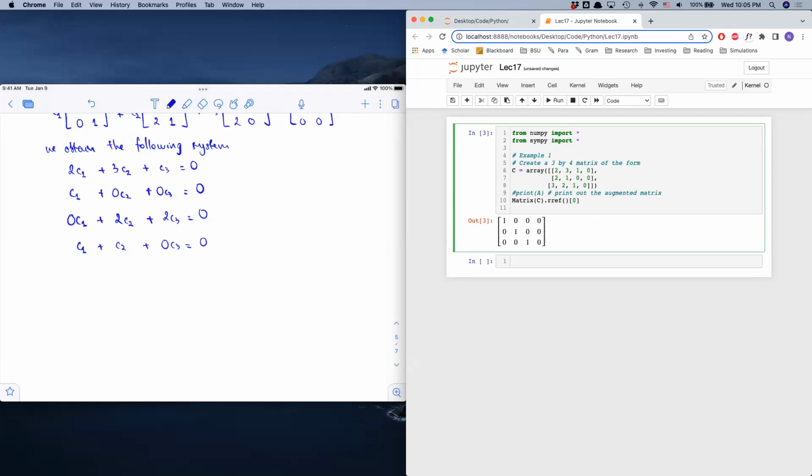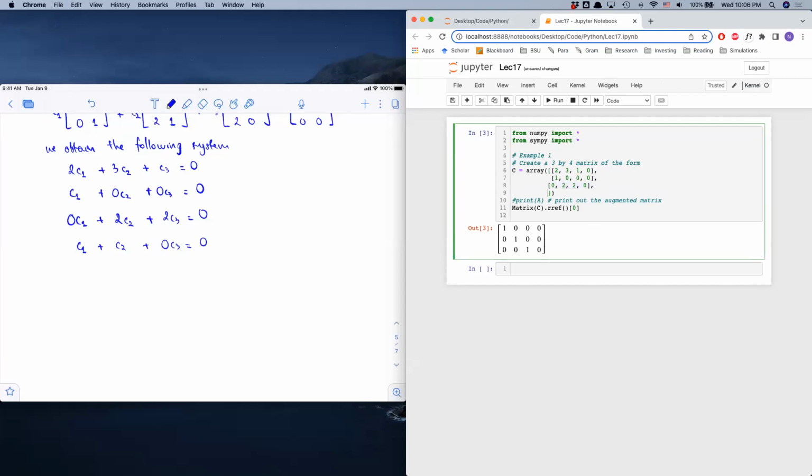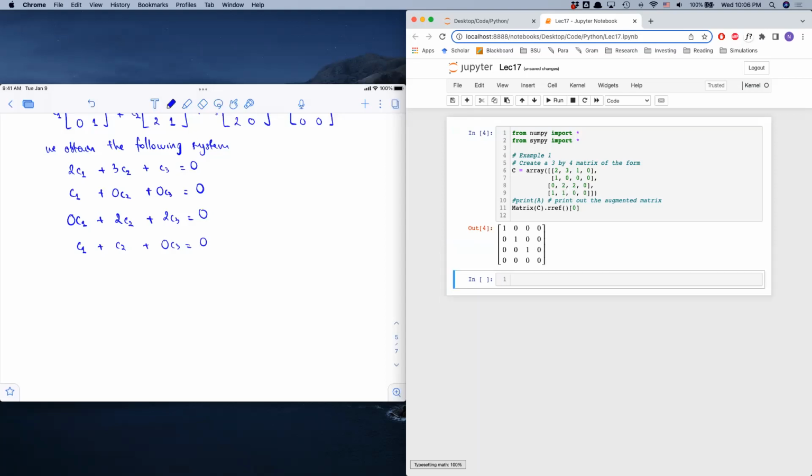The second equation is 1, 0, 0, 0. The third equation is 0, 2, 2, 0. And the fourth equation is 1, 1, 0, 0. Now shift enter, and we get the following reduced row echelon form.